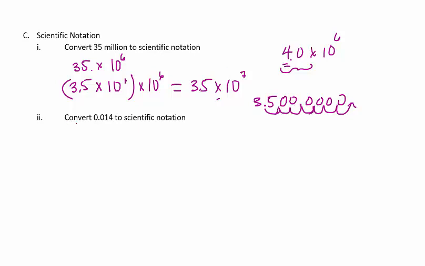Okay, and then number 2, the last example, is convert 0.014 to scientific notation. So in this case, this mantissa is going to come right after the very first non-zero digit, which is the 1. So 1.4 times 10 to some power.